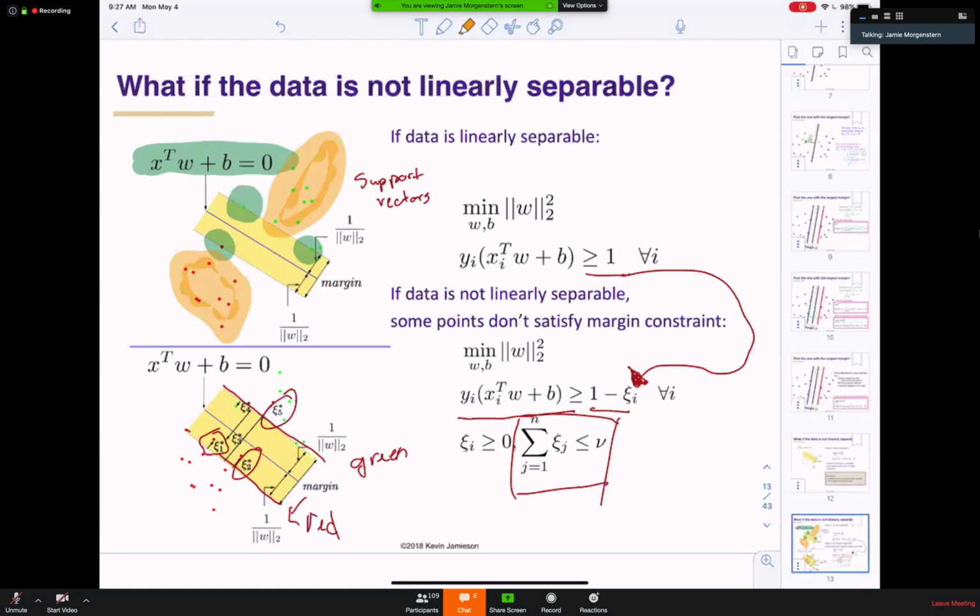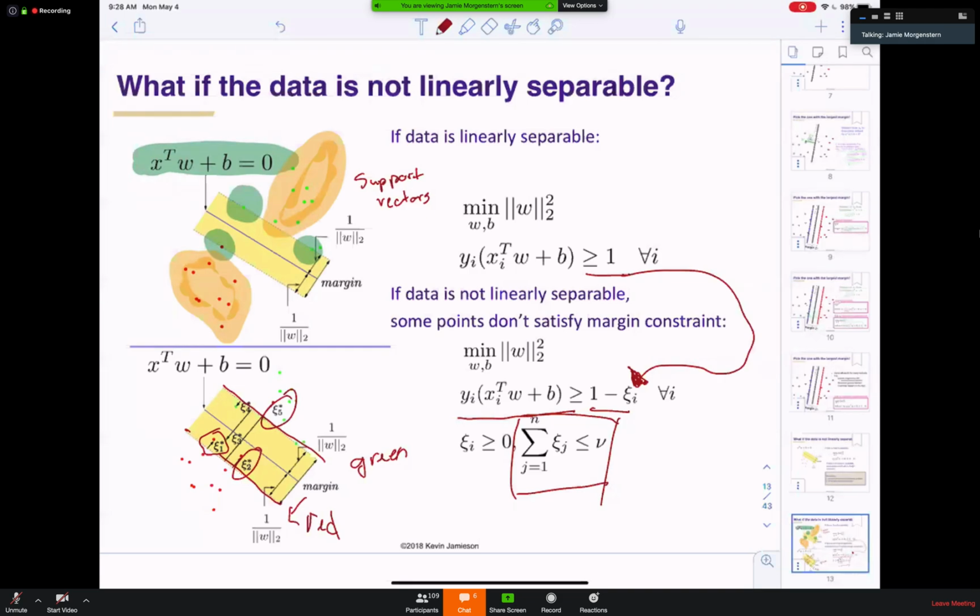Okay, so maximizing the margin has this really elegant interpretation: we have a bunch of data points, but we really only need a very small number of data points, the ones that are closest to the decision rule, to define the decision rule that we actually care about.